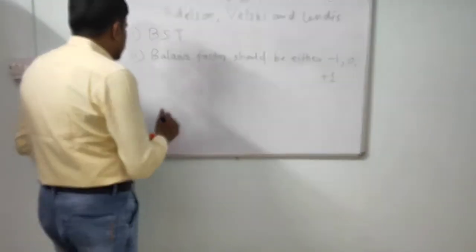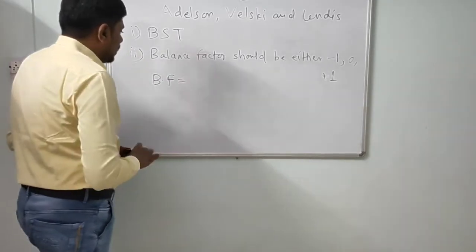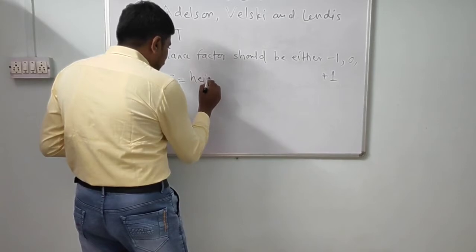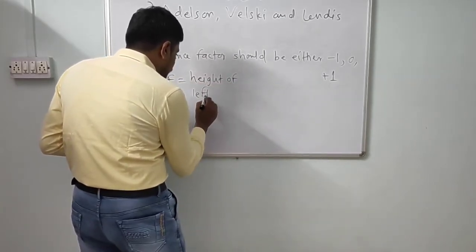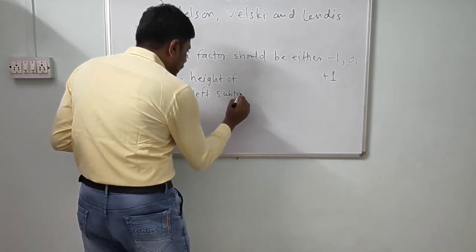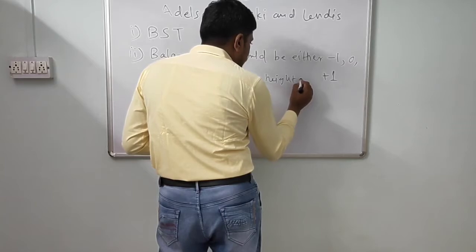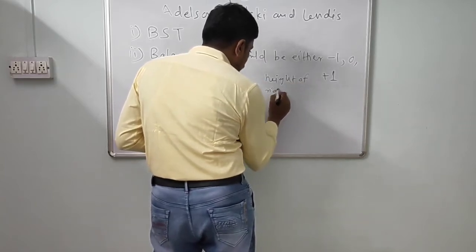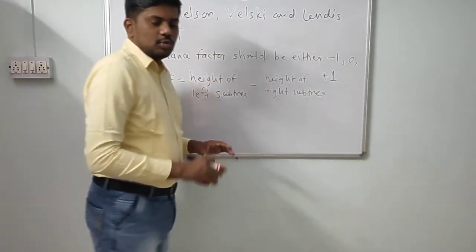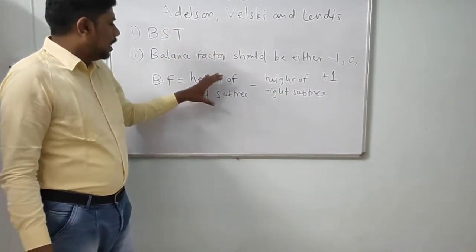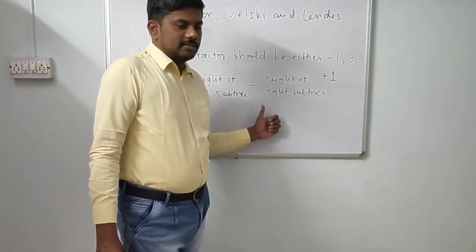Now what is meant by balance factor? The formula is: the height of left subtree minus height of right subtree is called the balance factor. So balance factor is nothing but the difference between the height of left subtree and the height of right subtree.